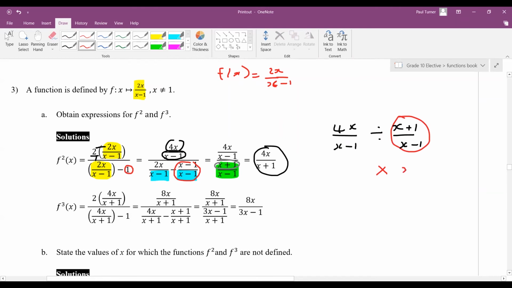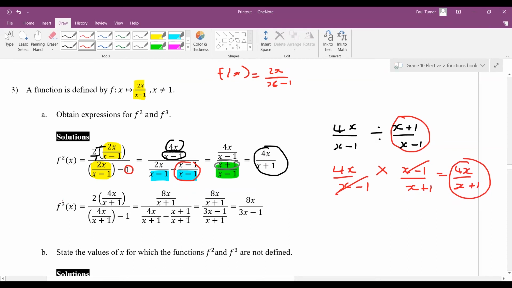This is going back to grade 5, grade 4, I think. So 4x on x minus 1. Now you'll see that those two cancel, and you'll get 4x on x plus 1 here. So you will see these in the worksheet that are quite complicated, okay?